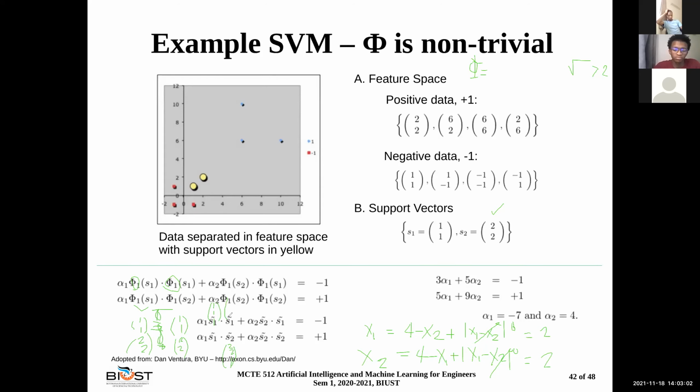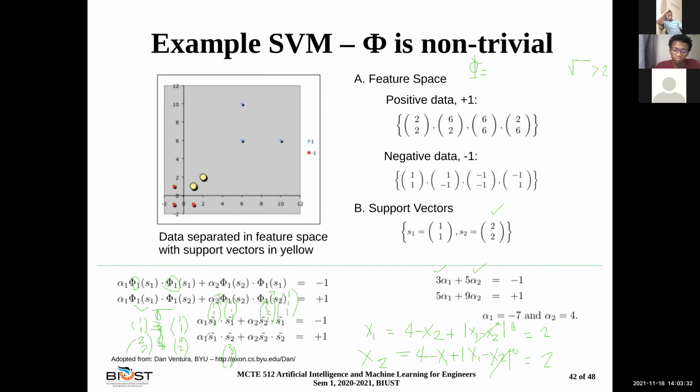So here 1 1 1, then 2 2 1, transpose 1 1 1. Okay, so it's correct now. So this is 1 plus 1 plus 1, that's 3. 3 alpha 1, that's correct. 2 plus 2, that's 4 plus 1, 5. 5 alpha 2, and this is minus 1.